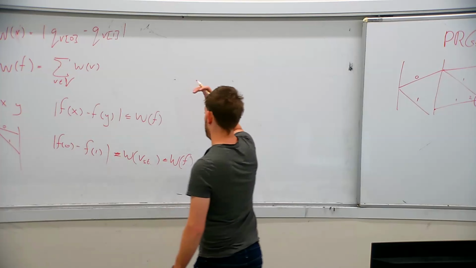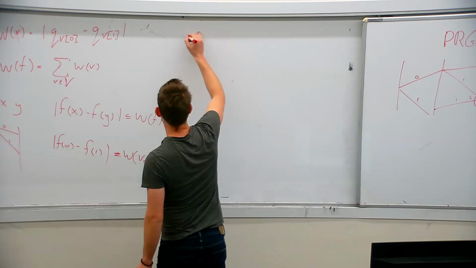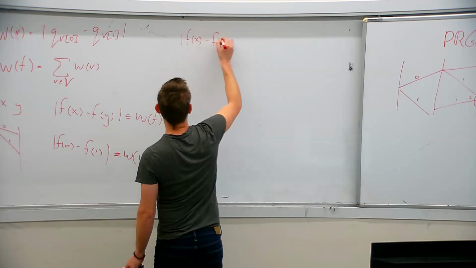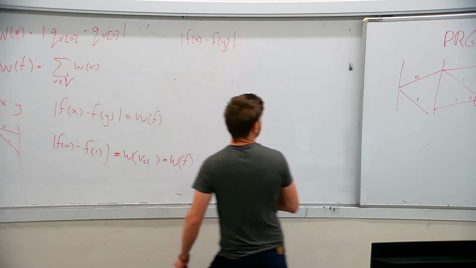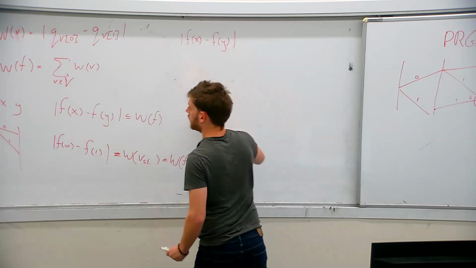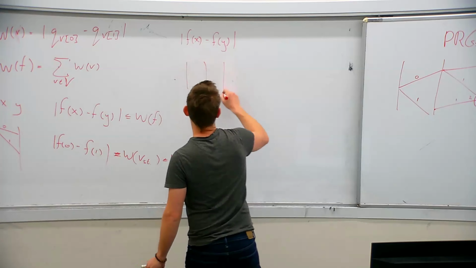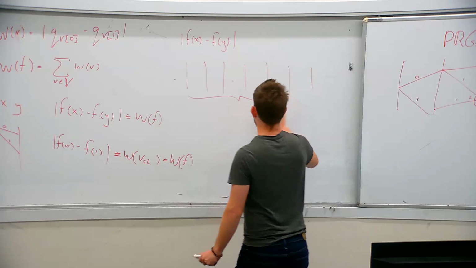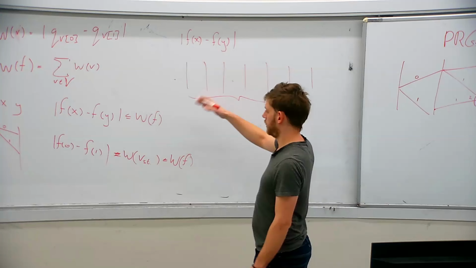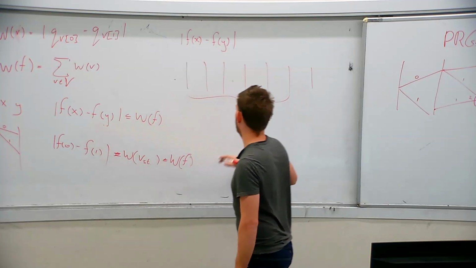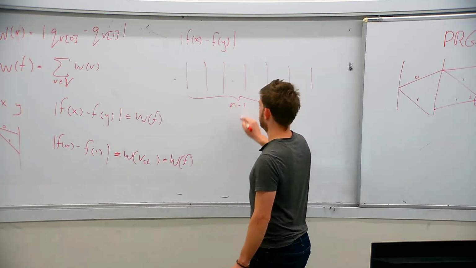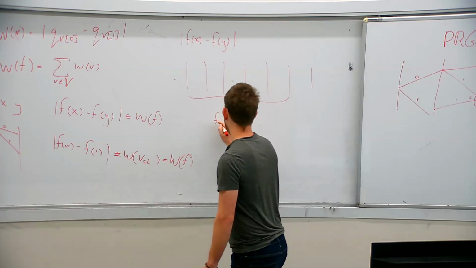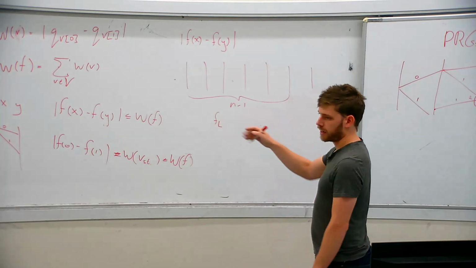Okay, so in the general case, we have f of x minus f of y, and we'll look at the branching program. We now have n layers, and by induction we know this lemma for length n minus 1 programs, and we call this program fl, the left side of the program.